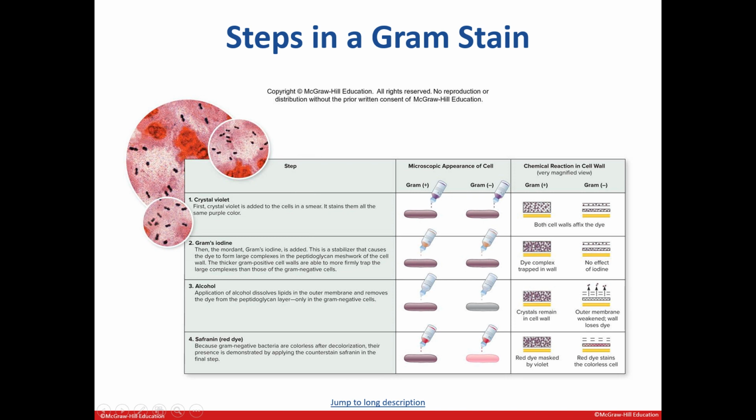We add the safranin so that we can visualize the gram-negative cells. The gram-positive cells are unaffected, so they stay purple, and the gram-negative cells pick up the color and appear red.